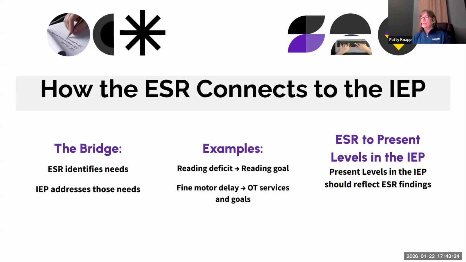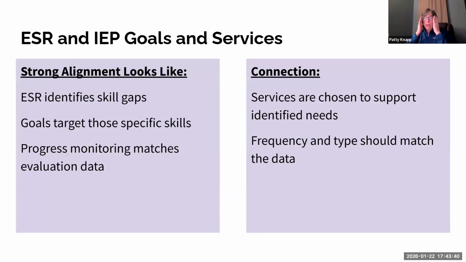The ESR to present levels in the IEP: present levels in the IEP should reflect ESR findings. So it should be addressed in the ESR to be addressed in the IEP, as long as it's been evaluated through that process.